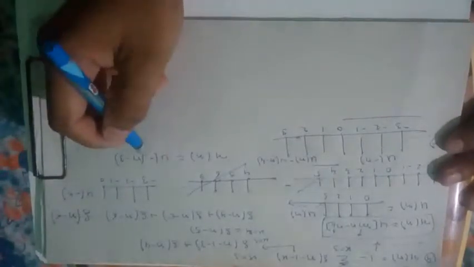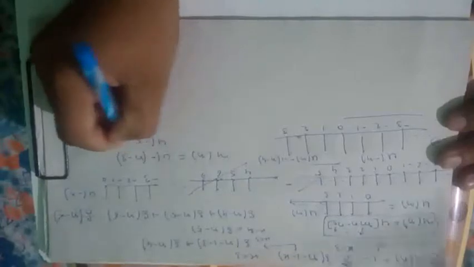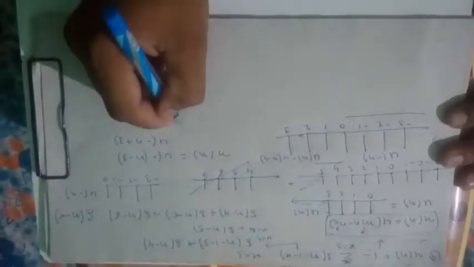We can write it as minus 1 and minus 3, that is, minus n plus 3, where m is minus 1 and n naught is 3. Let's see this again.